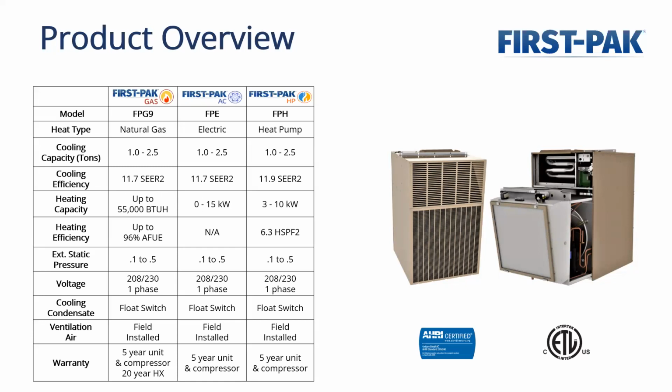All the units have a 5-year parts warranty on the compressor and the unit, and then on the gas unit, there's a 20-year heat exchanger warranty. Another nice feature about these units is there is a built-in condensate float switch.